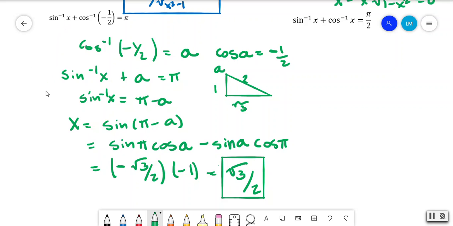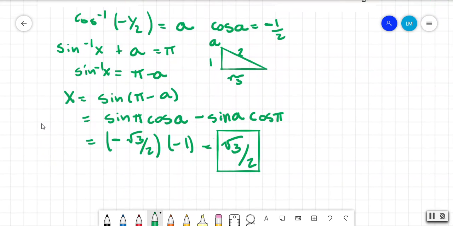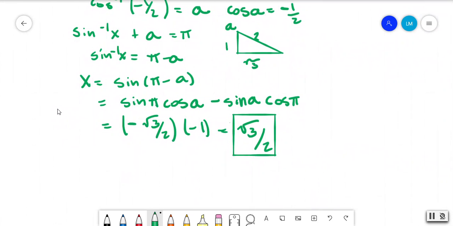So that's pi over 3. But the problem with that is that you have 2 pi over 3.